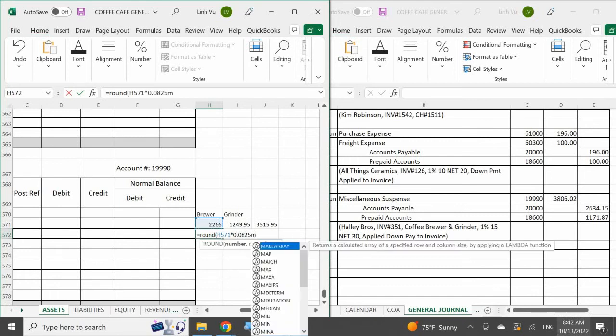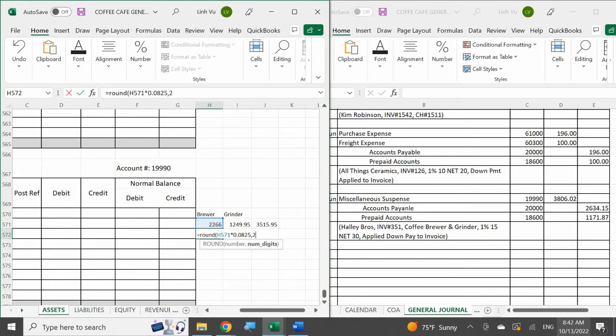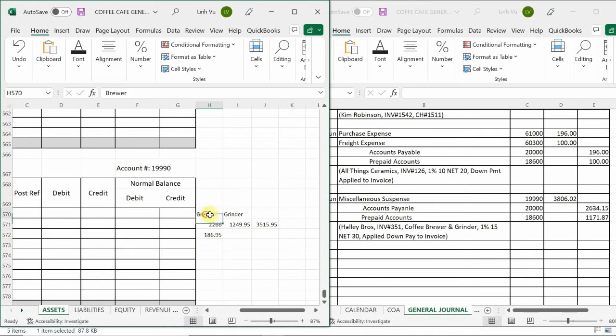So how much is the tax for the brewer? The brewer was 2,266. $186.95 for the tax. Okay. Good.